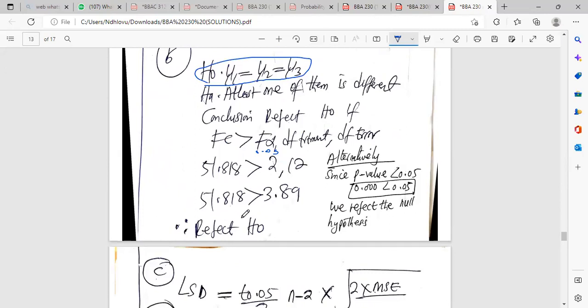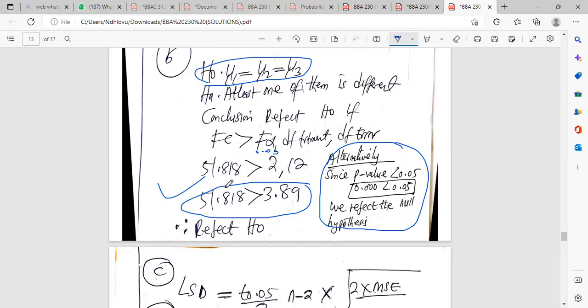So 51.818 is greater than the critical value, therefore we reject H naught. Alternatively, if the p-value is less than alpha, we reject H naught. But this is one you can go for, and then you make a decision.